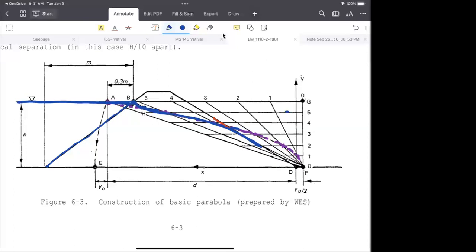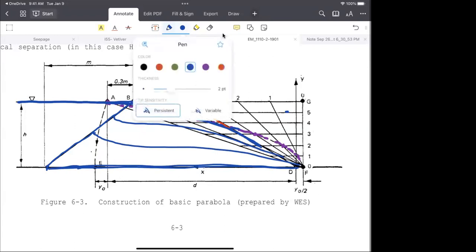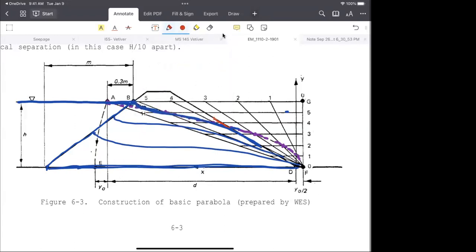So we got our first flow line, and our last flow line is here, right? We got two different flow lines. So where should our other flow lines be? In between them, up and parallel. So these are our flow lines. So what should be our equipotential lines? I'm answering your question.